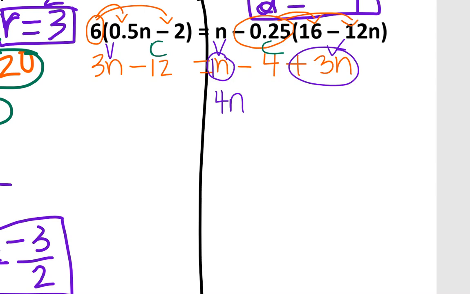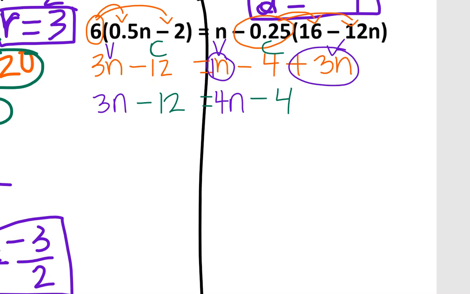And there's nothing else for me to combine, so I just bring down my minus 4, my constant. On the left side, there was nothing from the start for me to combine, so I bring down 3n, and I bring down minus 12. Okay, whew, I can breathe. This looks a lot easier now.